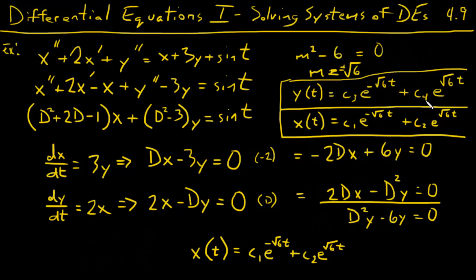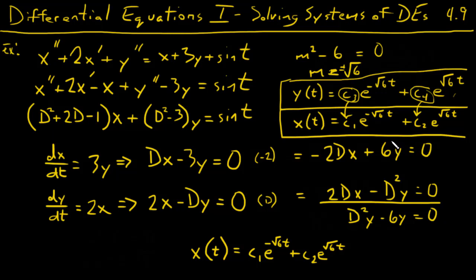I don't want to have to worry about having 4 different constants because I notice that when I solve for my y of t and my x of t, the solutions were both e to the negative root 6t and e to the positive root 6t for both of them, right? So I can use that to my advantage to be able to solve for C3 and C4 in terms of C1 and C2.